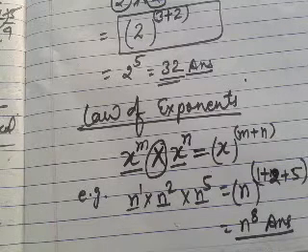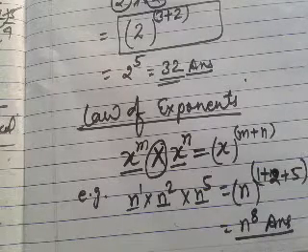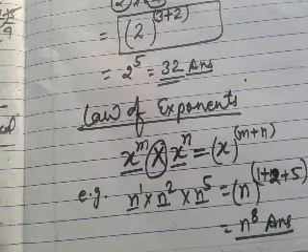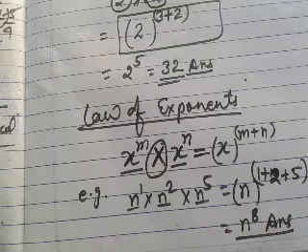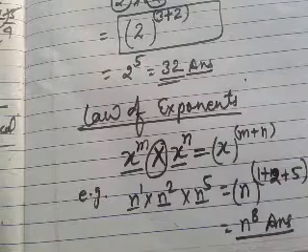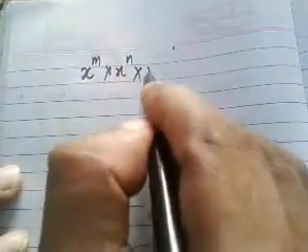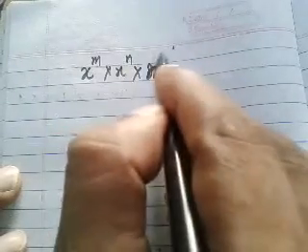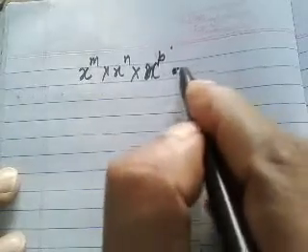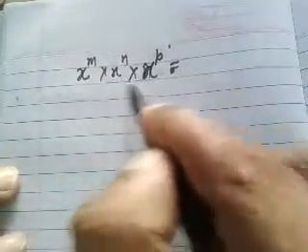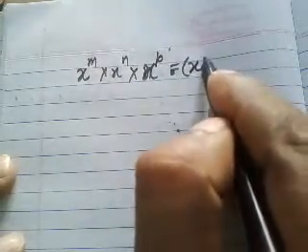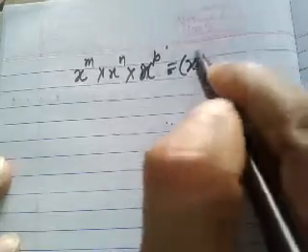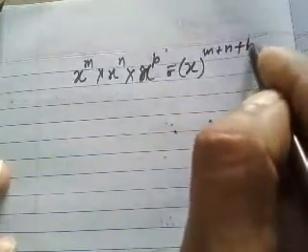So here the law of exponent says that if a number x having different powers m, multiplied by x raised to the power n, multiplied by x raised to the power p, suppose that, we can find the product of these expressions as a whole if the base is the same: base raised to the power m plus n plus p.